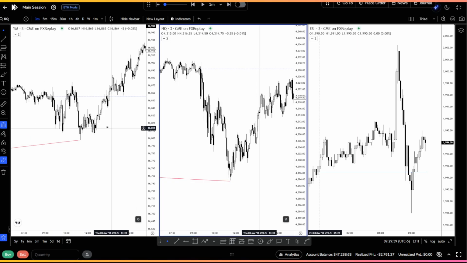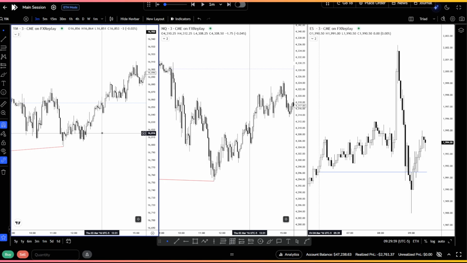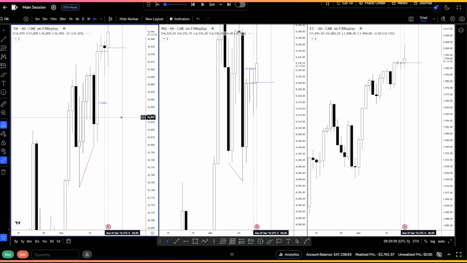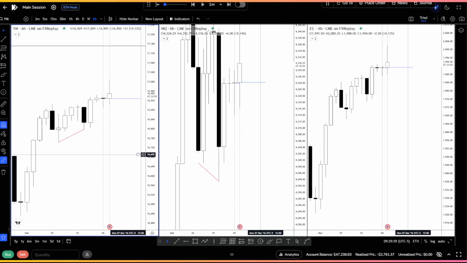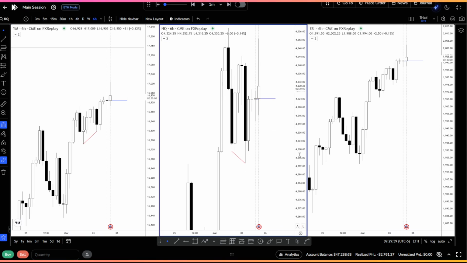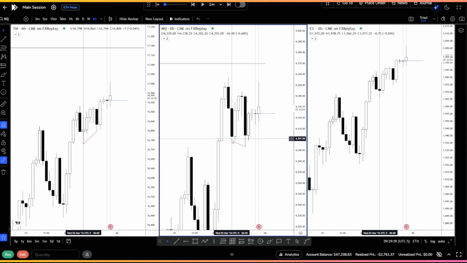It does not start expanding until later, around 12. Let's see, 6 hour candles. So 6 a.m. This is 12 p.m. So yeah, kind of. We get that.